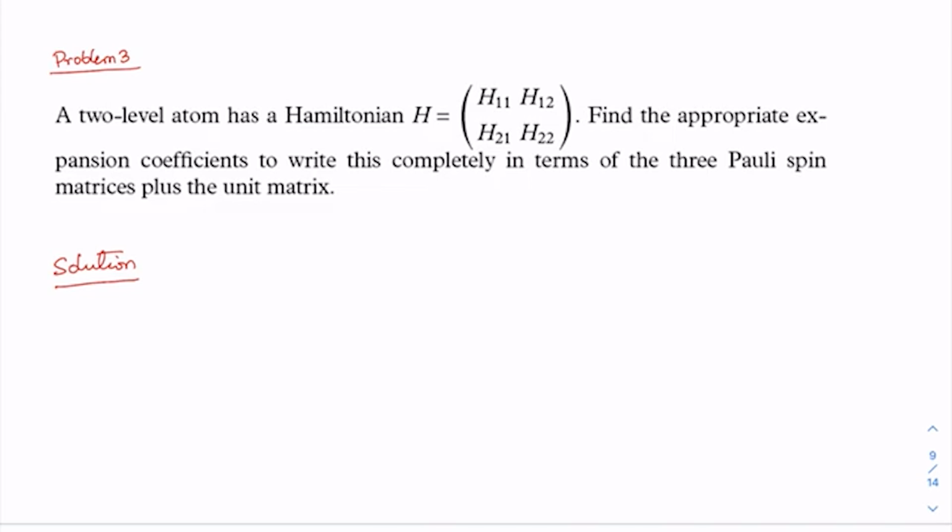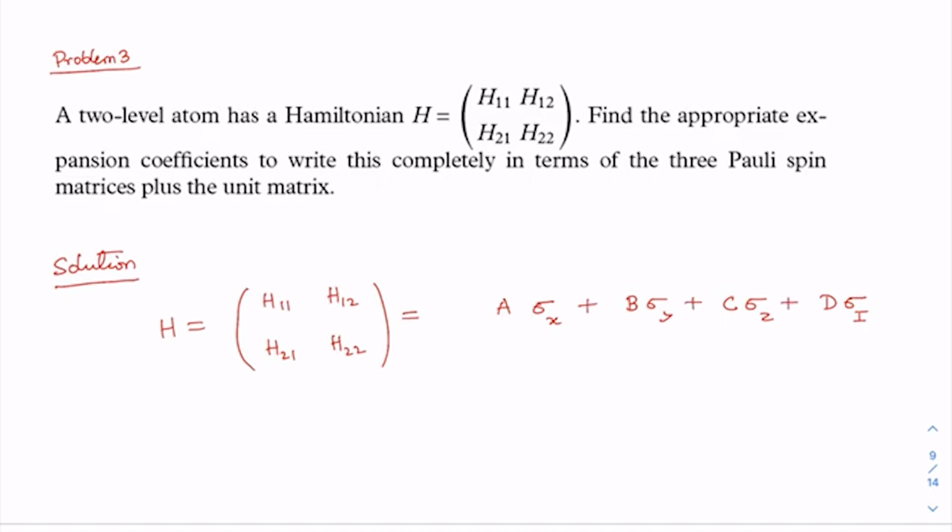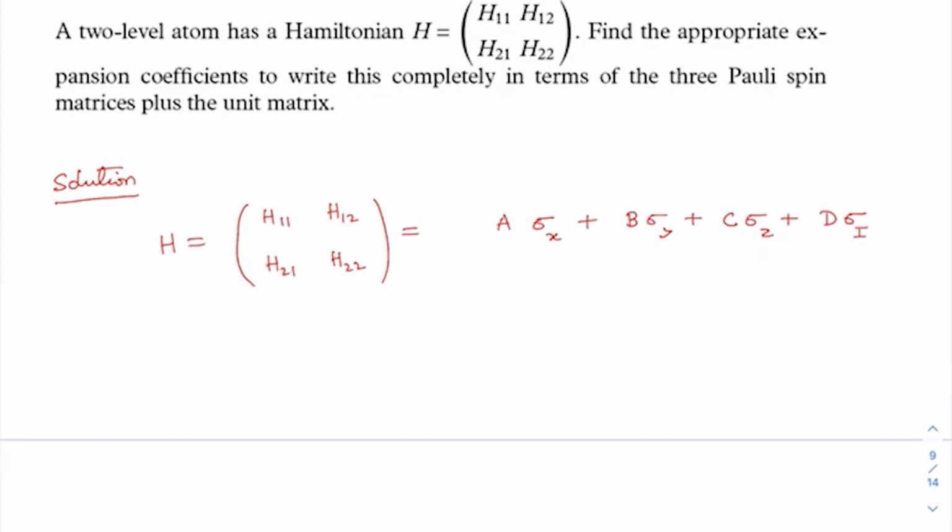So we can write this Hamiltonian, H11, H12, H21, H22, in terms of the Pauli matrices sigma x, sigma y, sigma z, and the identity matrix. It would be a 2 by 2 matrix here. So the coefficients are say A, B, C, and D. Now if I know what sigma x, sigma y, sigma z, and sigma I are, let me write it.